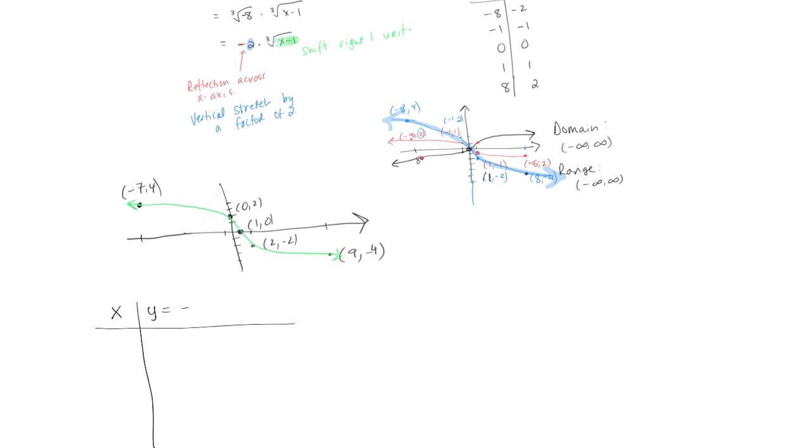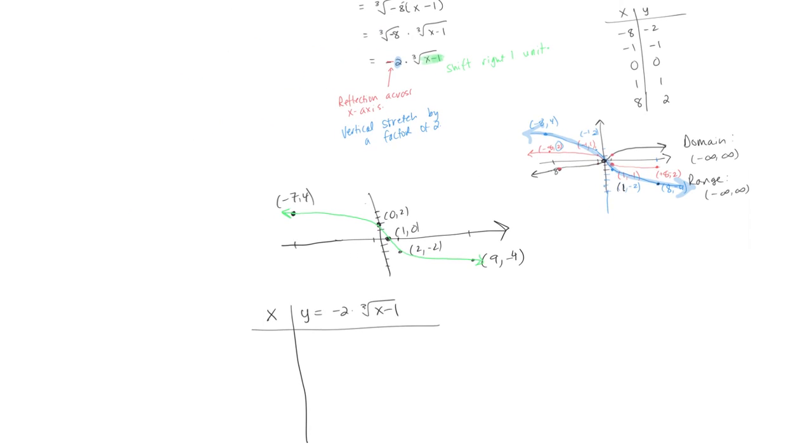So it would be -2 times the cube root of x minus 1. Okay, and originally we had these points at -8, -2, -1, -1, 0, 0, 1, 1, and 8, 2.